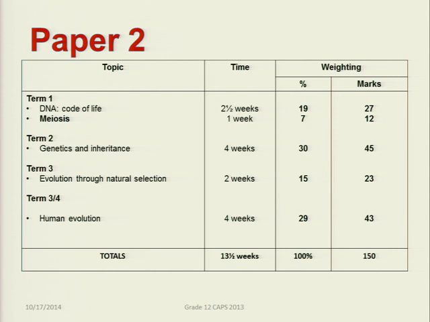We also have to look at DNA replication, and under DNA replication we are also looking at transcription as well as translation. And then the third one will be the formation of messenger RNA. All those three form part and parcel of the DNA code of life.